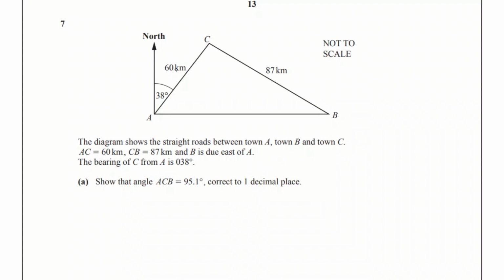AC is 60 kilometers, CB is 87 kilometers, and B is due east of A. The bearing of C from A is 038 degrees. Show that angle ACB is 95.1 degrees, correct to 1 decimal place.